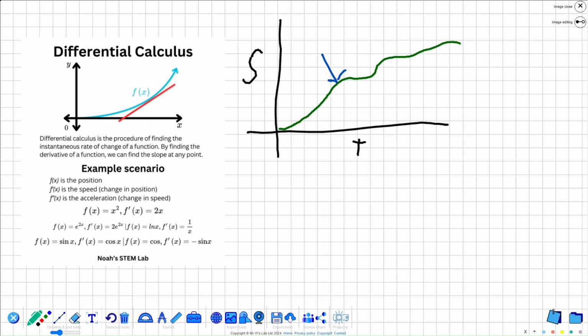And similarly, f''(x), which is called the double derivative, basically taking another derivative of the function we just found, will give us acceleration, which in this scenario is the change in speed, because we're looking at the rate of change of a particular graph.